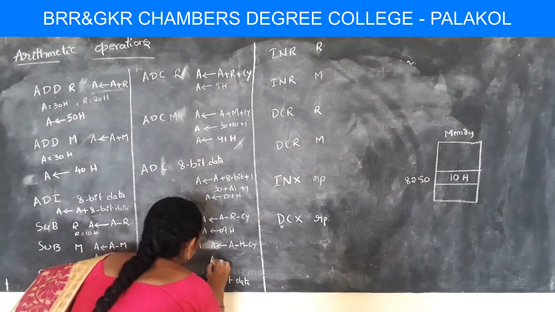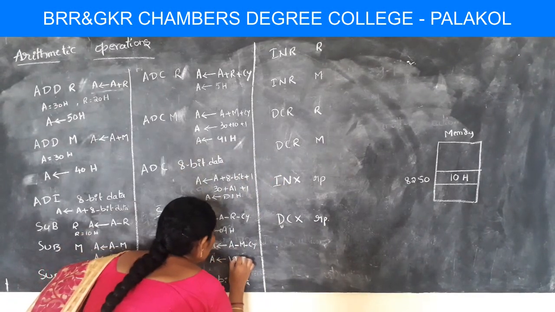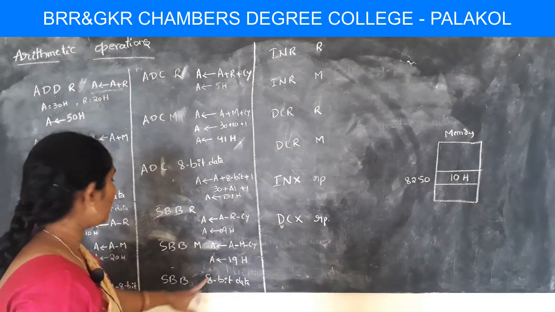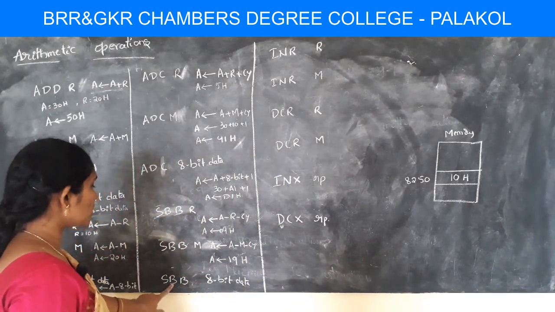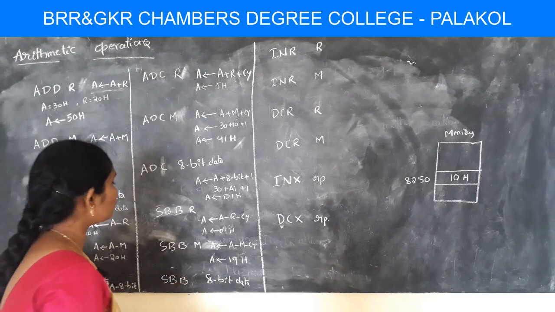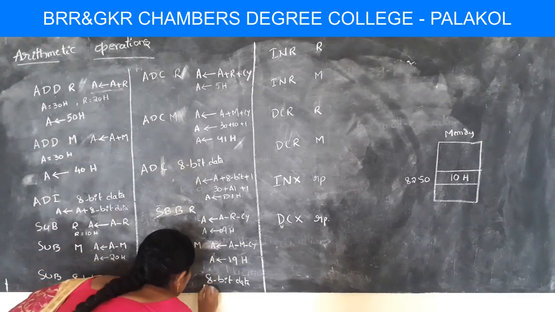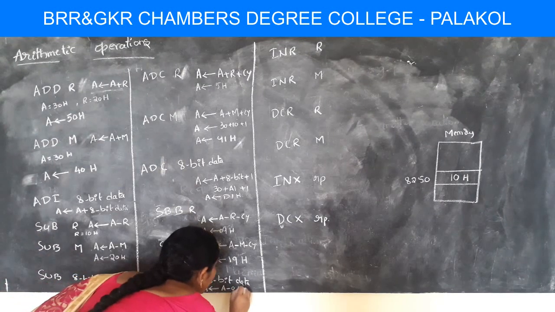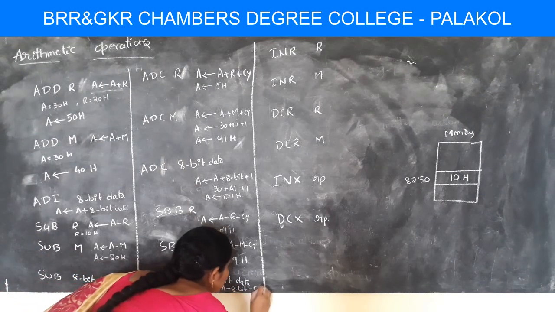So 19H is stored in the accumulator. And similarly, subtract with borrow immediate. The meaning of this instruction is A tends to A minus 8-bit data minus carry.